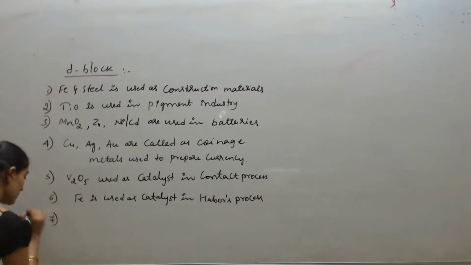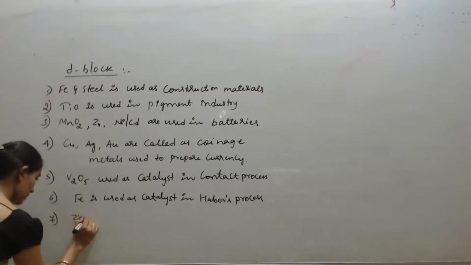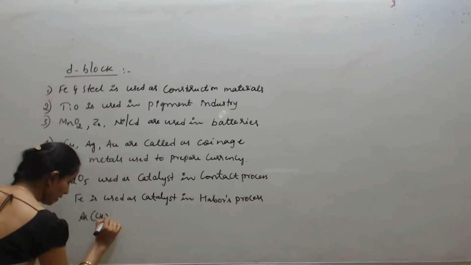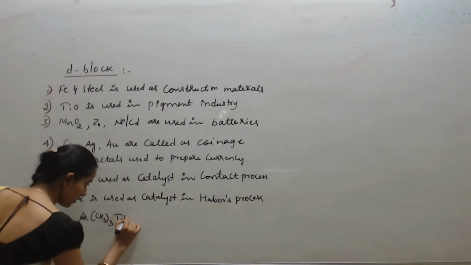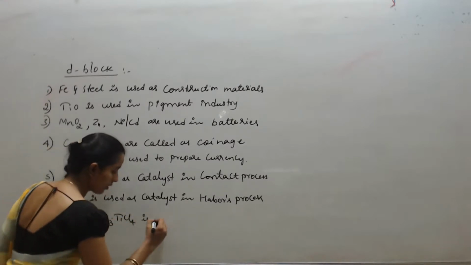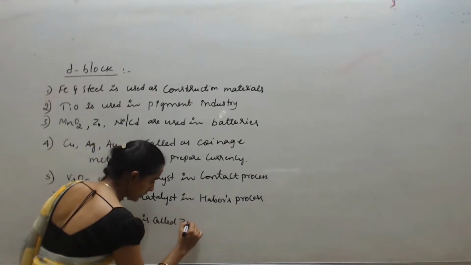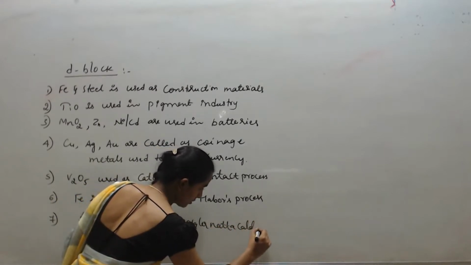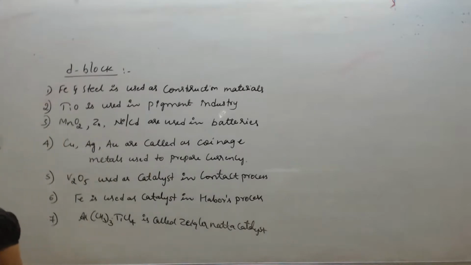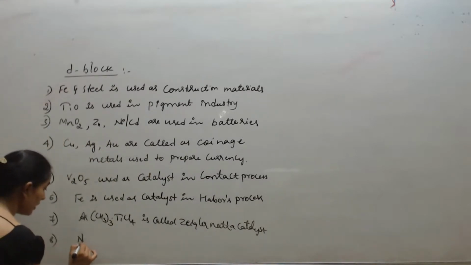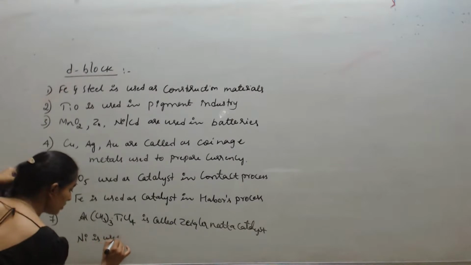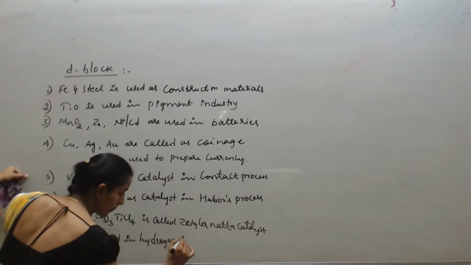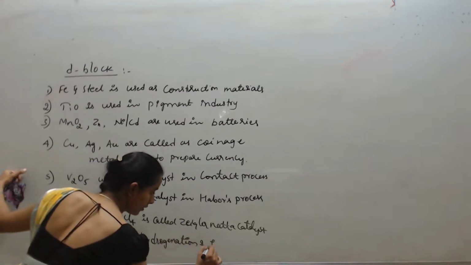Next, seventh one, Al(CH3)3 with TiCl4 is called Ziegler-Natta catalyst, used in so many organic reactions. And nickel is used in hydrogenation of fats.